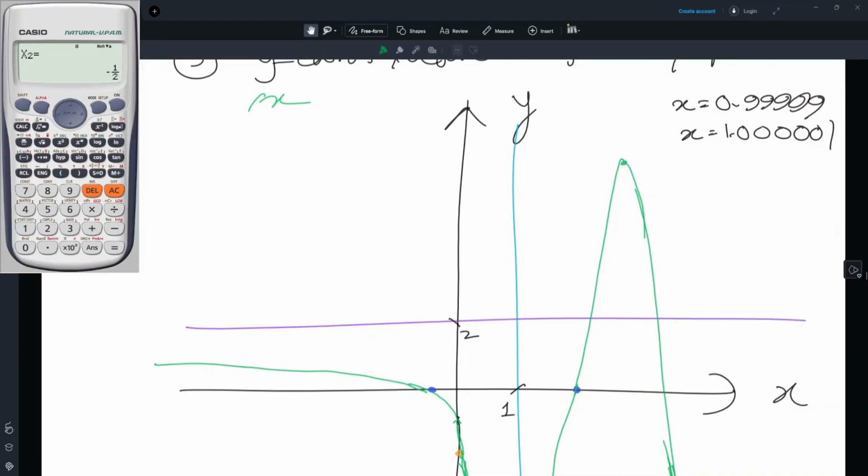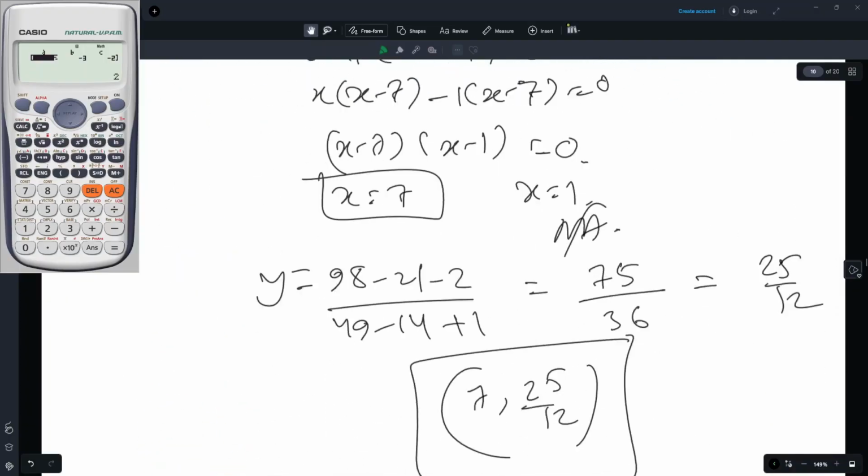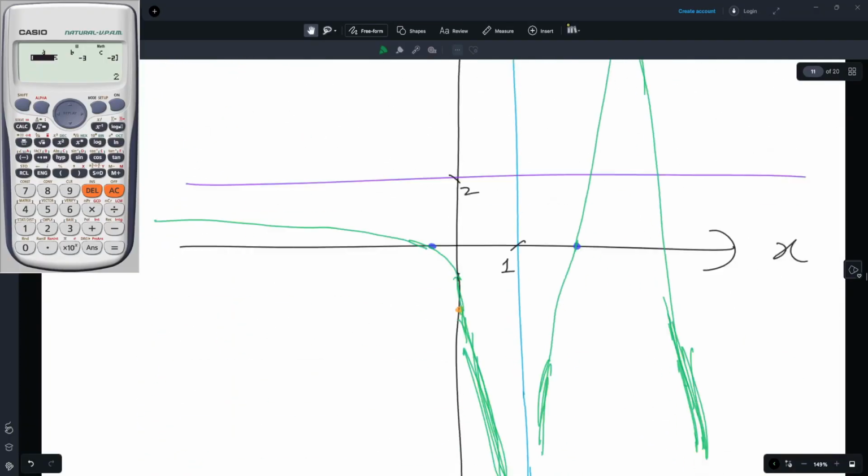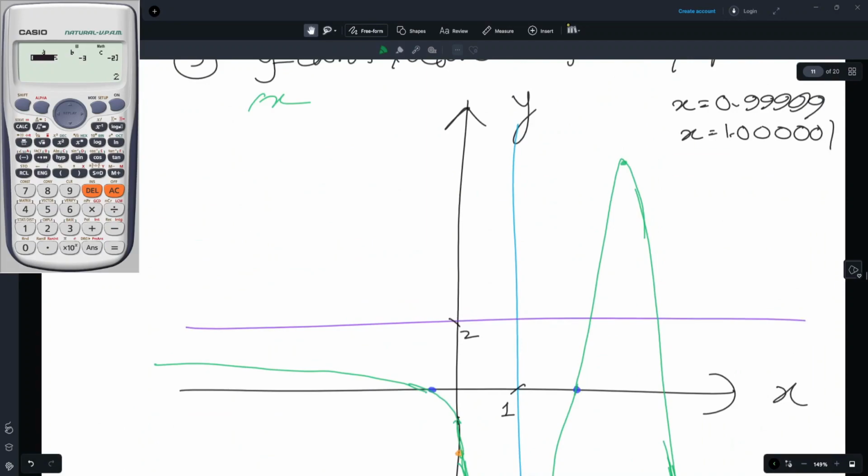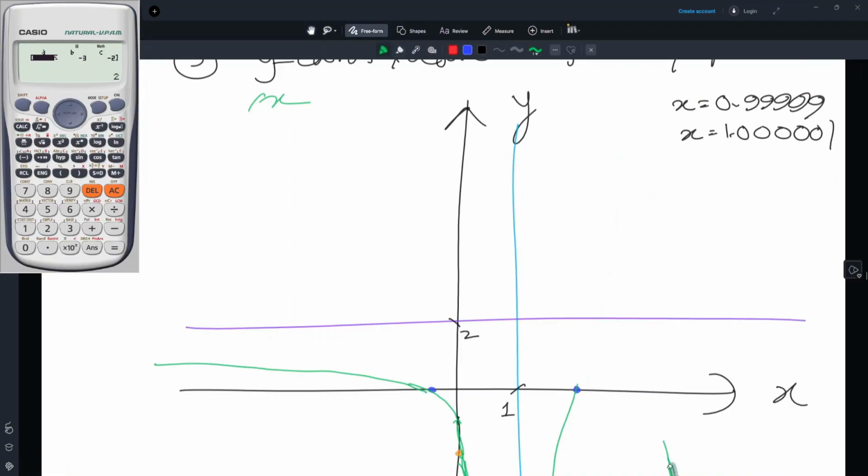And if I find the stationary point of this exact thingy, it's 7 and 25 by 12, which means it's not here, it's very much towards the right. And something like this. So actually I was thinking why my graph is wrong, but now I feel it should be okay.